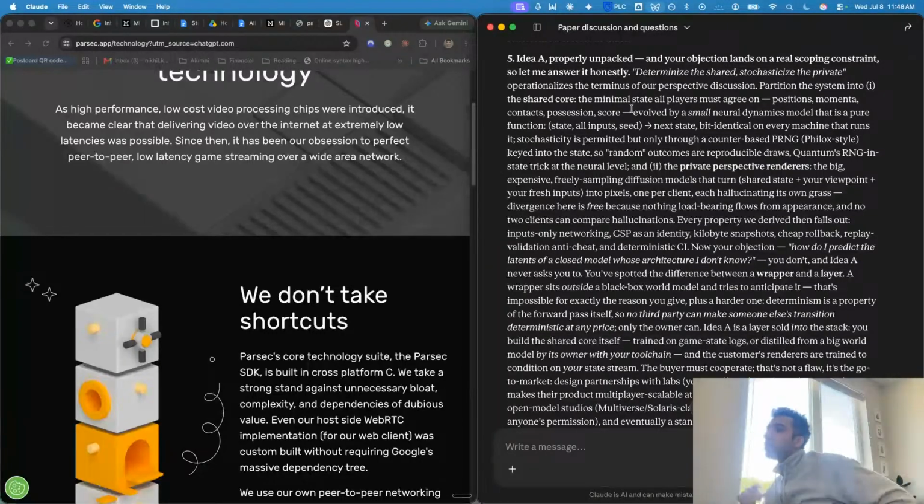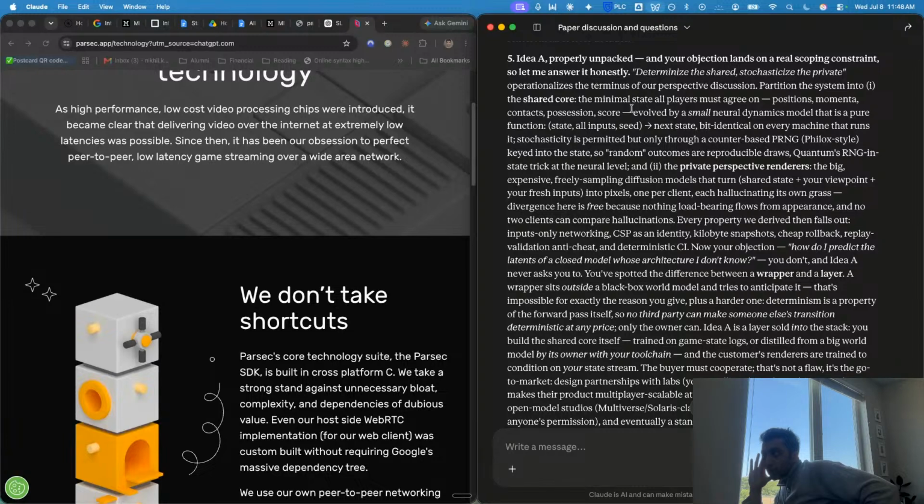Okay, wait. Partition the system into the shared core, the minimal state all players must agree on, positions, blah, blah, blah, evolved by a small pure function. State, all inputs, seed, next state, bit identical, okay. Counter-based PRNG. What is this?